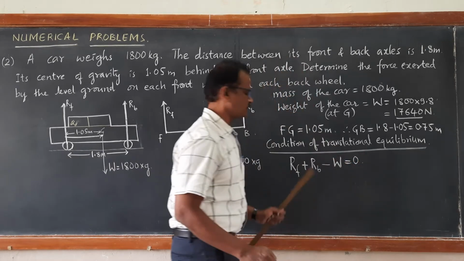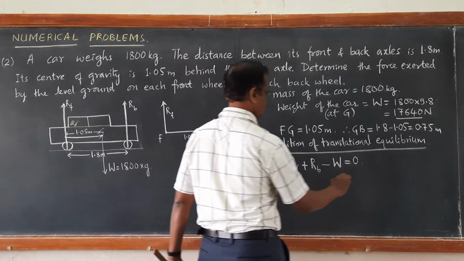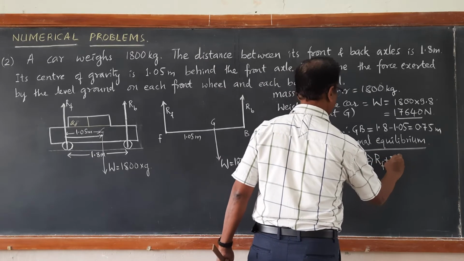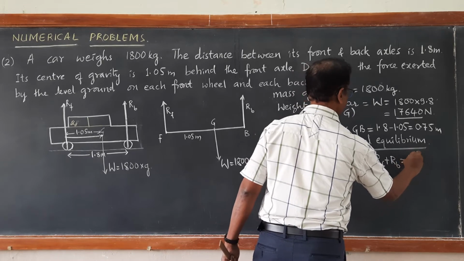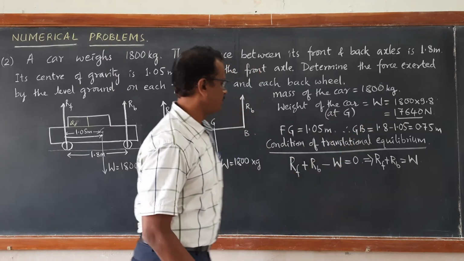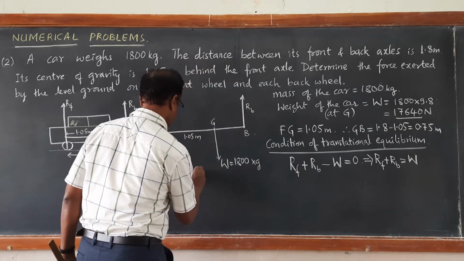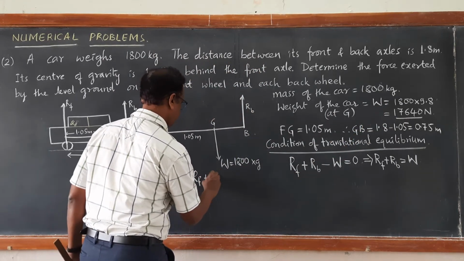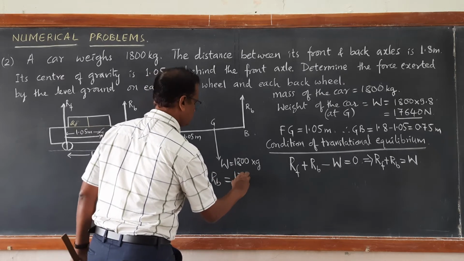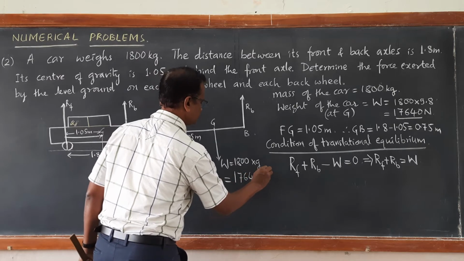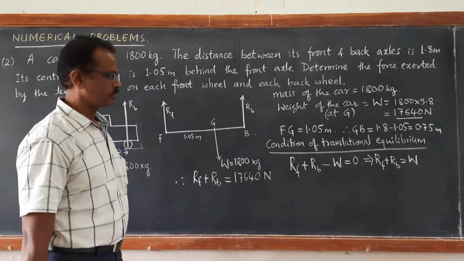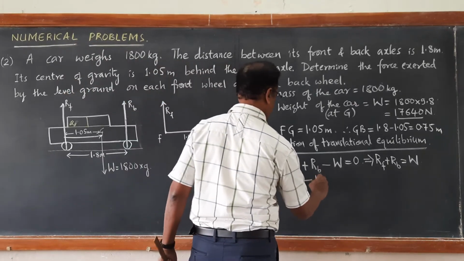So this must be equal to 0. Therefore, this implies RF plus RB equal to weight of the car, that is m into g, which I have already calculated. Therefore, we get the result RF plus RB equal to 17640 Newton. That is 1800 into 9.8. It gives us 17640 Newton. Call this equation number 1.